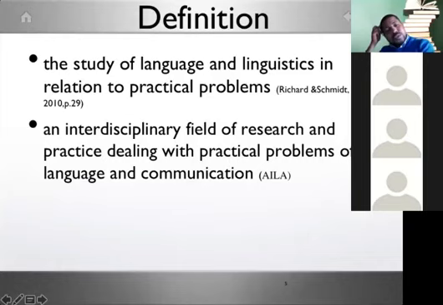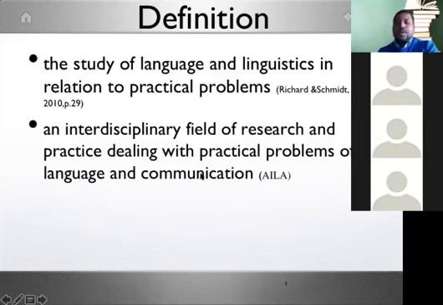Here again, as you notice, the word communication is added. It's not mentioned in the first definition. And in fact, it adds some information, simply because applied linguistics is interested in any practical problem that involves language, but it could also involve communication.